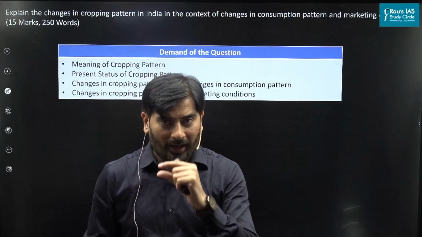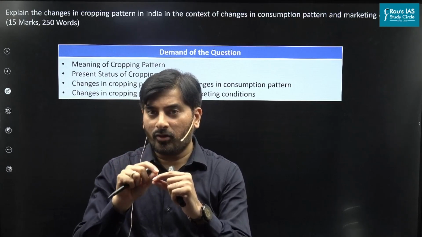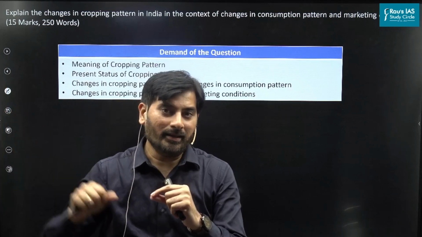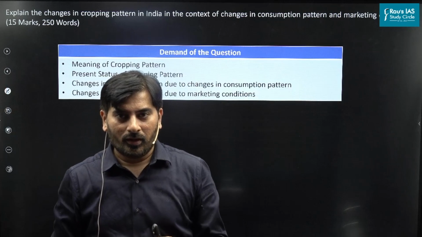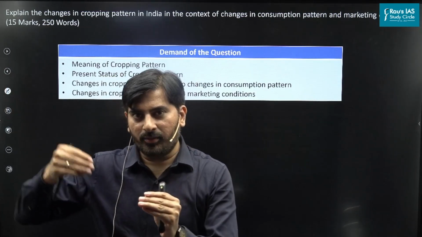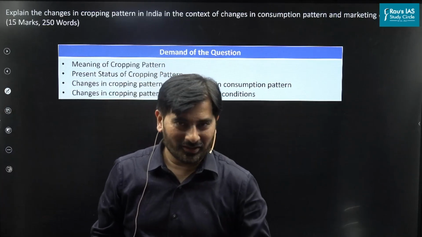Then you need to highlight how the cropping pattern in India has changed because of change in consumption pattern as well as because of marketing conditions. So there are two dimensions of the question. Cropping pattern changes because of consumption pattern, and cropping pattern changes because of market conditions.